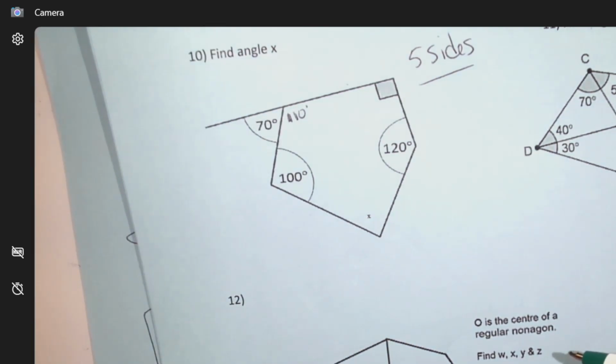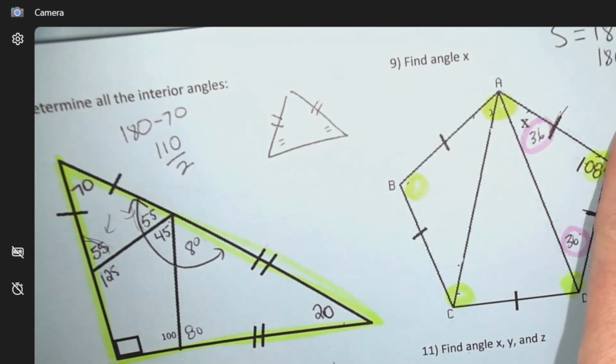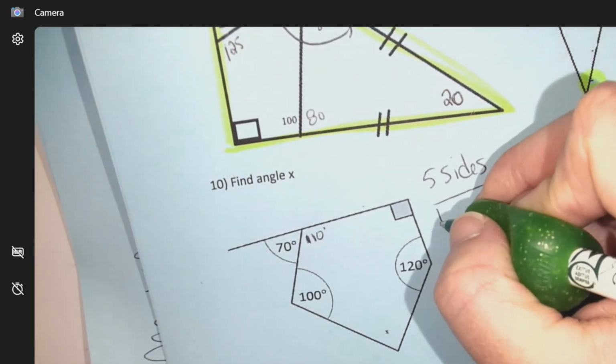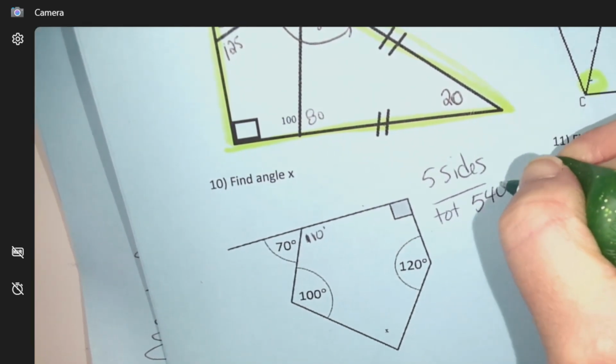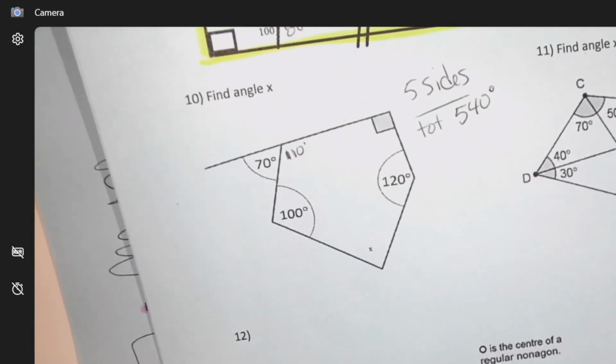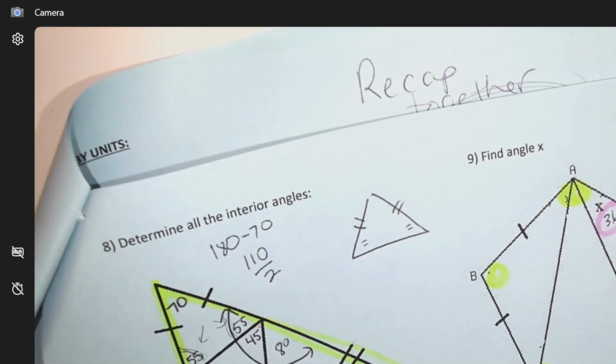It has 5 sides. Guess what? We just did this one. So 540 degrees. So the formula, wait, I'm not going to do it again because we just did it. The formula, I need 540 degrees.